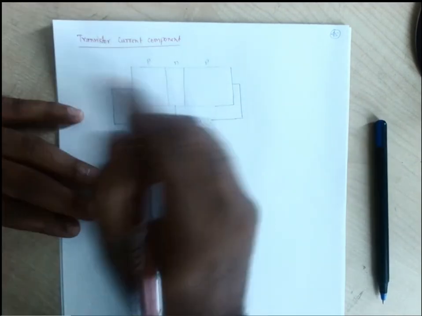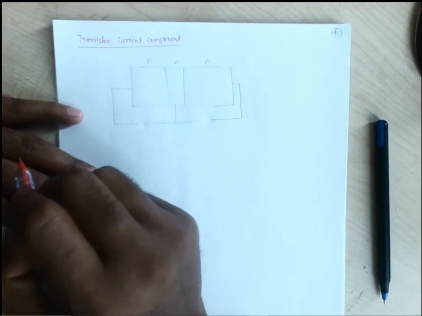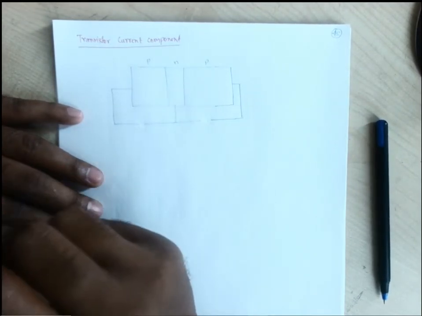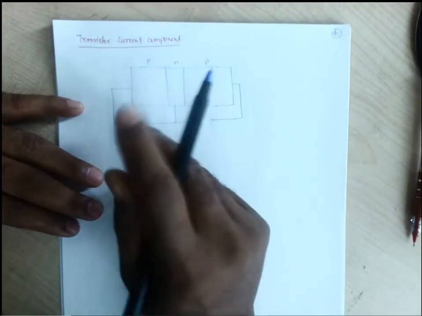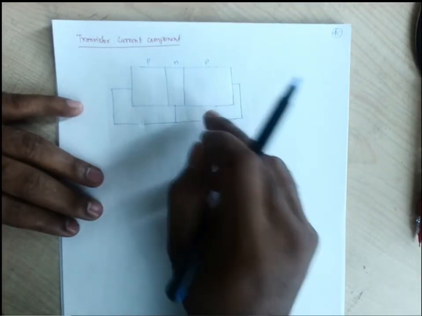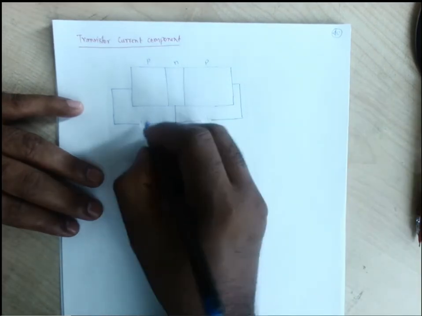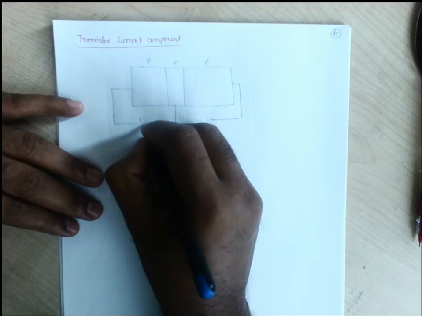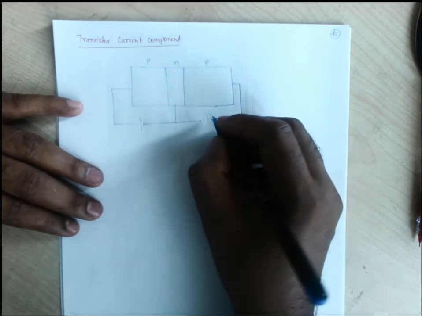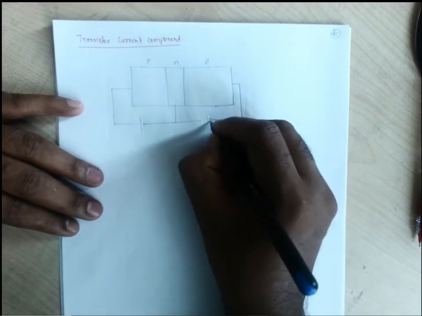So this P region will be our positive, this will be negative, this one will be negative.